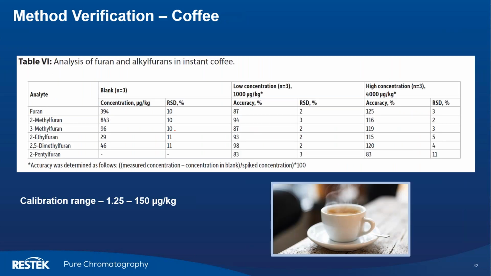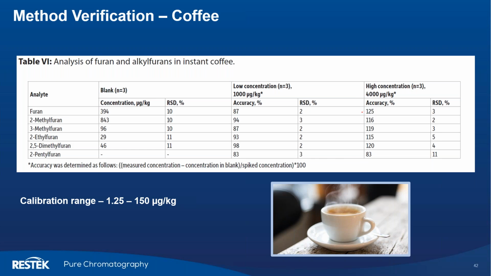And in looking at our low concentration spike versus our high concentration spike for the coffee samples, sorry, this should be 25 micrograms per kilogram all the way out to 8,000 micrograms per kilogram. But our accuracy falls well within the limits that we set. We have excellent reproducibility for our low concentration spikes.